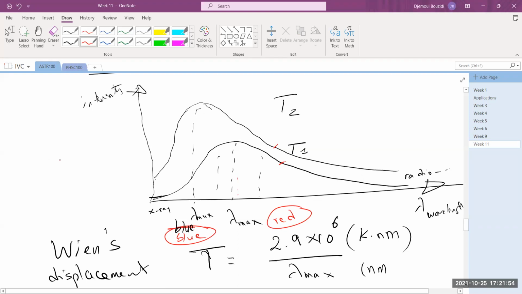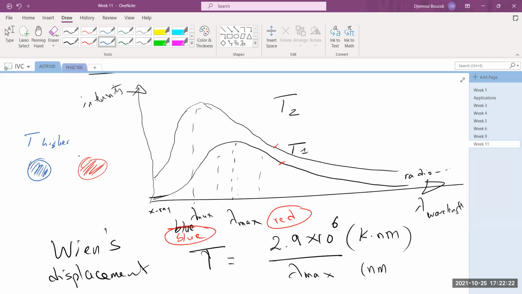So if I look at the sky and I see two stars, one of them is reddish in color, because that's where it's maxing out. It looks red because that's where the maximum is. And if I look at this one and it looks blue in the night sky, it actually has a higher temperature than this one, which has a lower surface temperature.